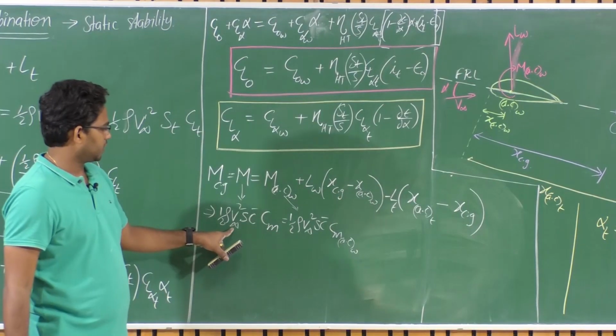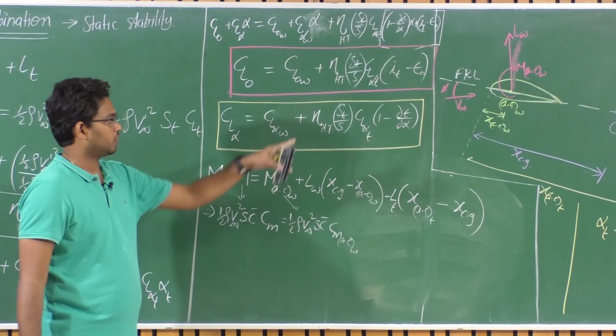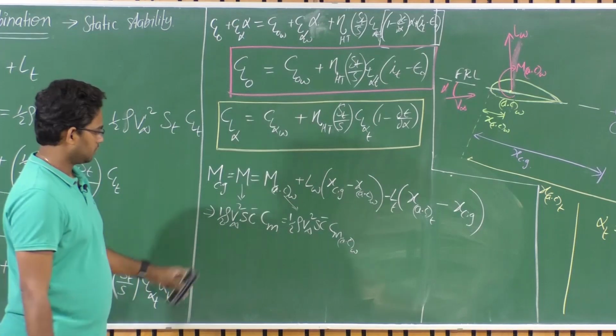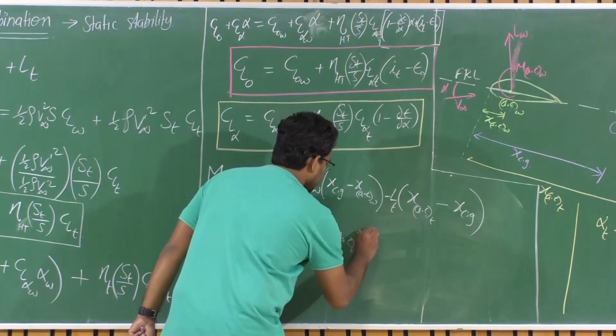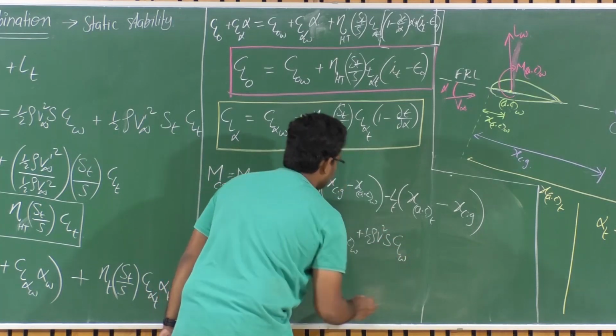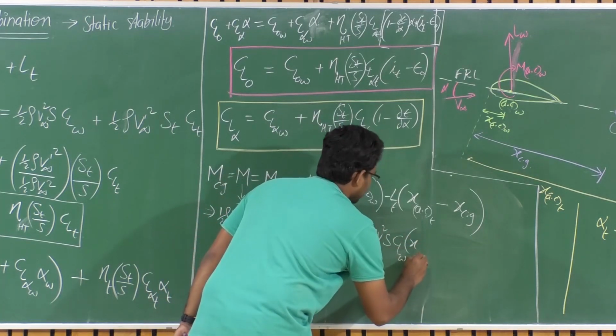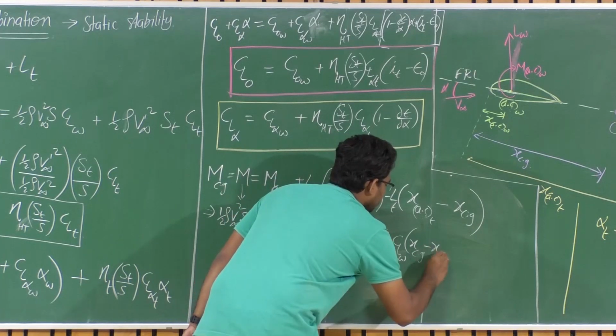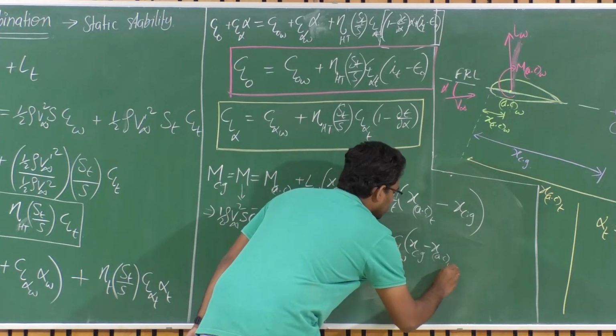The velocity of the aircraft is equivalent to the velocity at the wing itself, right? So plus half rho V square S times CL of wing multiplied by XCG minus XAC of wing.